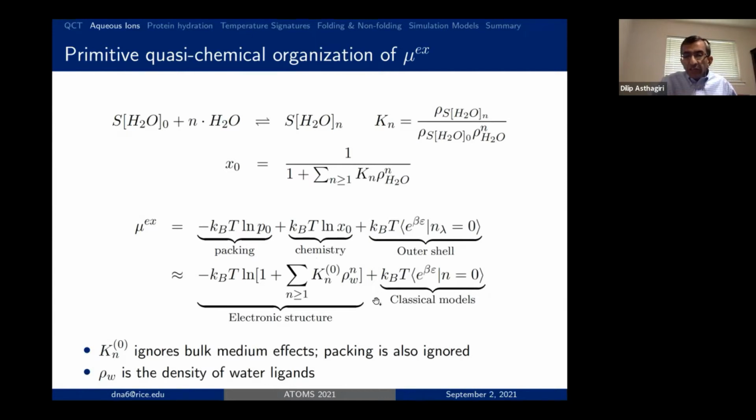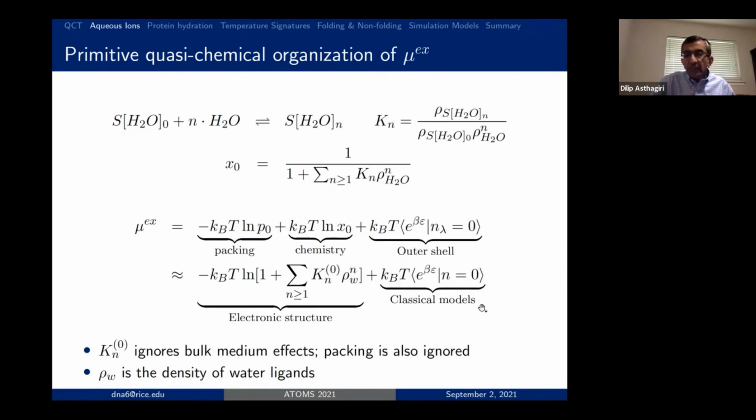And for this long range part, and this is again where theory provides us guidance, since the solvent is now no longer in close contact with the solute, the long range part can admit a more classical description. The ultimate classical description is a Born model, but we are not going to do that. We are just going to do this with classical force fields.